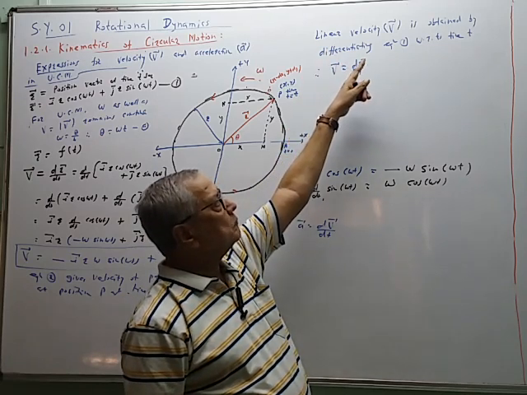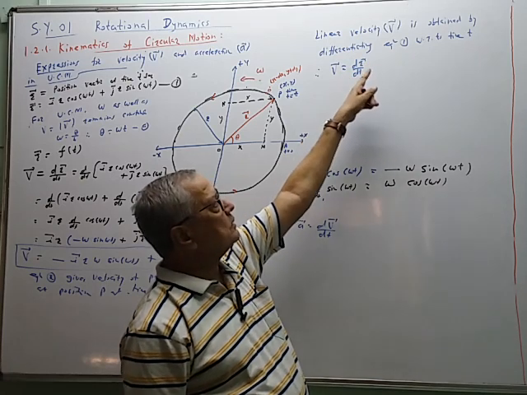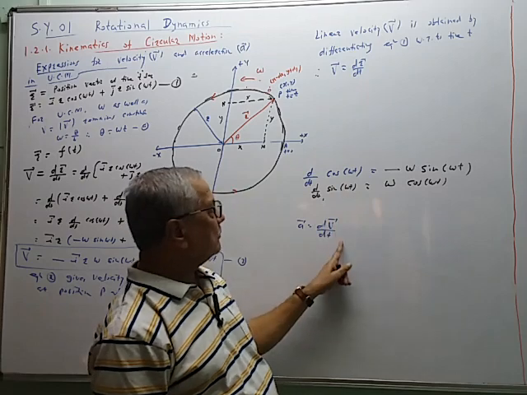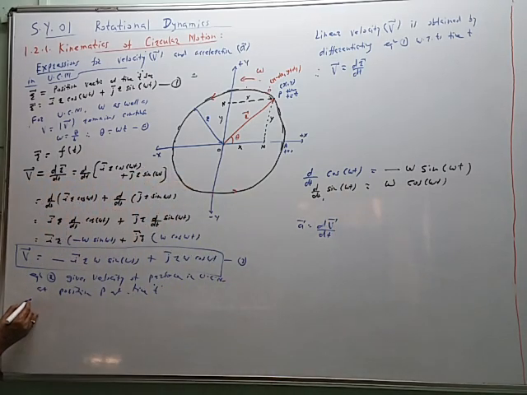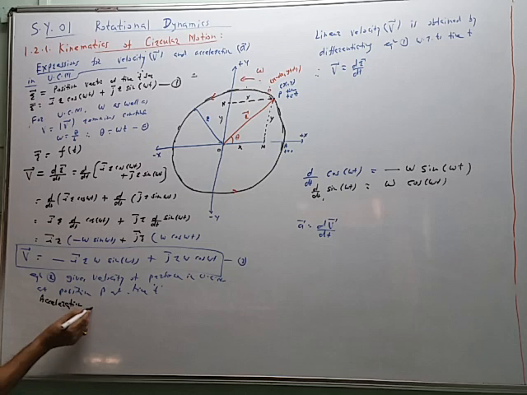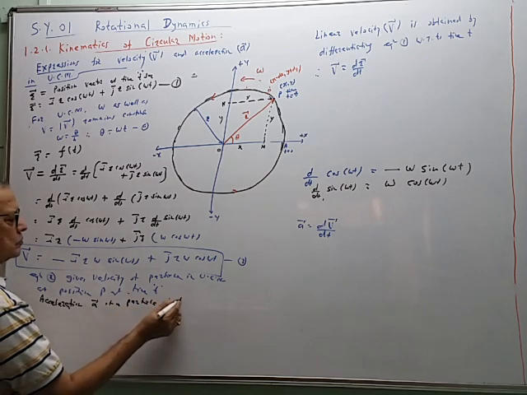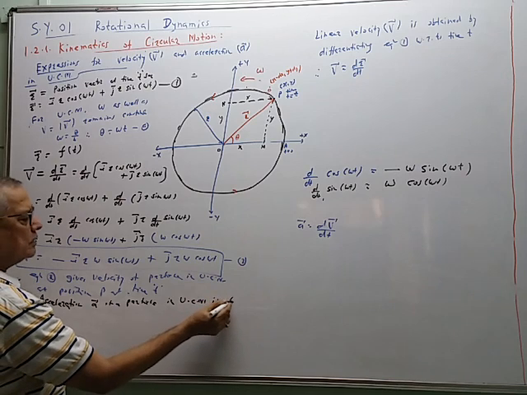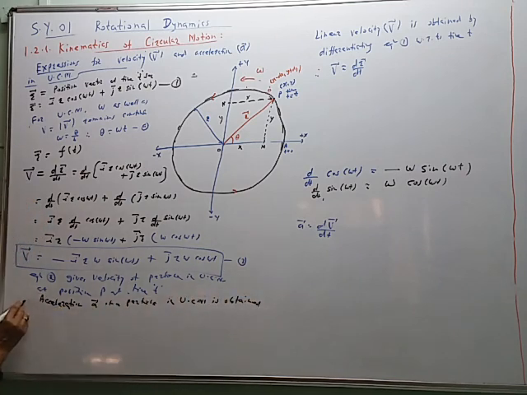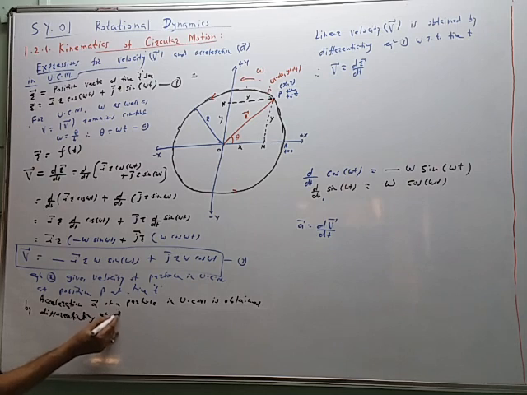The linear acceleration a of a particle performing UCM is obtained by differentiating equation 2 with respect to time t.